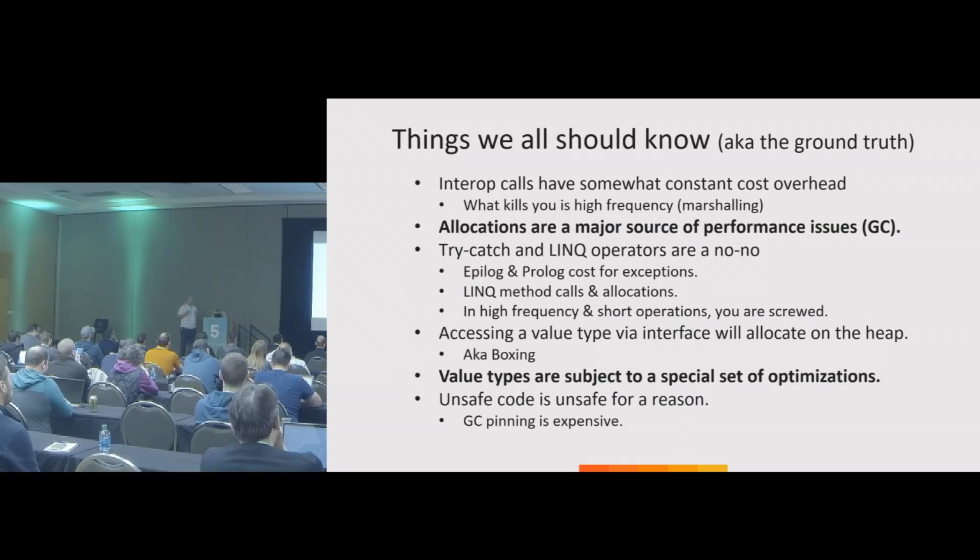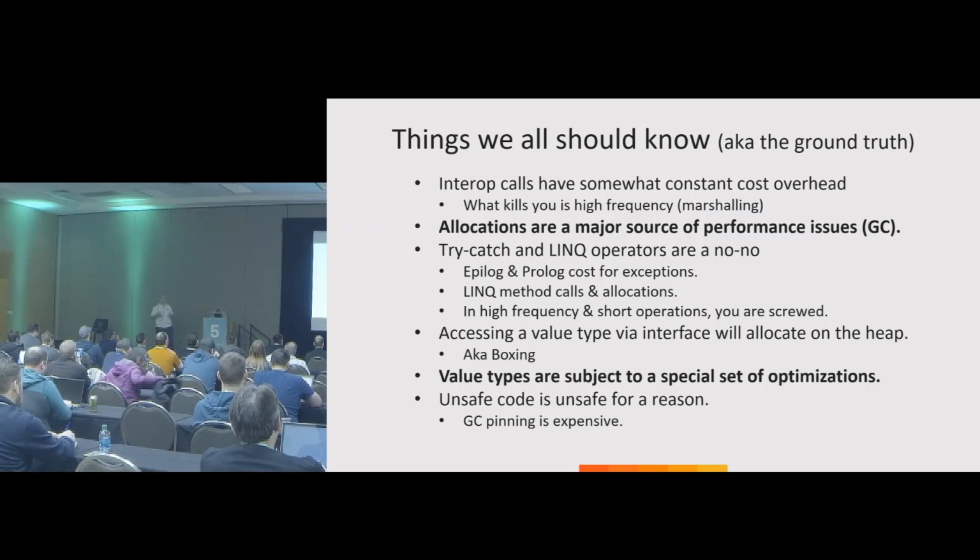So today's talk, this is one of the important things about today's talk. We are not going to talk about how to make performance, which is a big field, okay? There are things that you can actually go to the books, and it's there. If you go around interrupt calls, you know that allocations are the major source of performance issues, like major. If you have software that is misbehaving, the very first thing that you are going to look at is allocations, period.